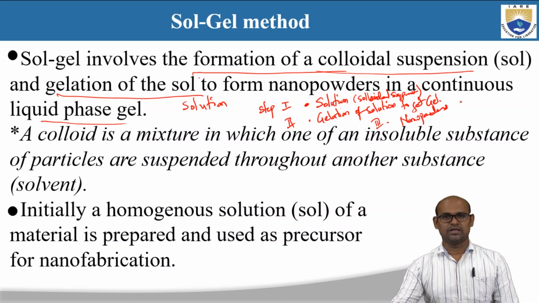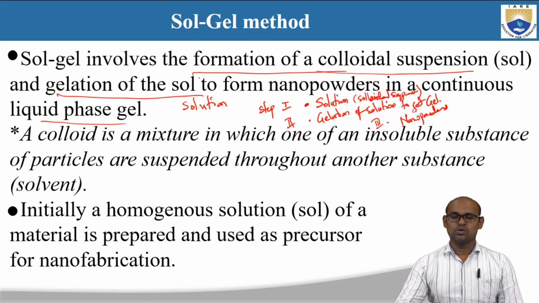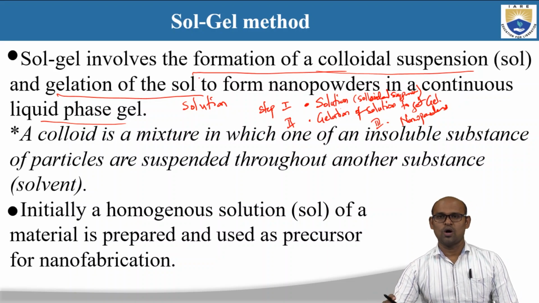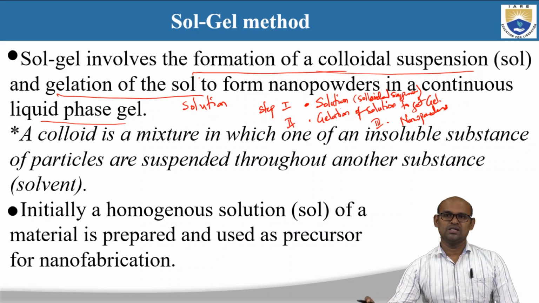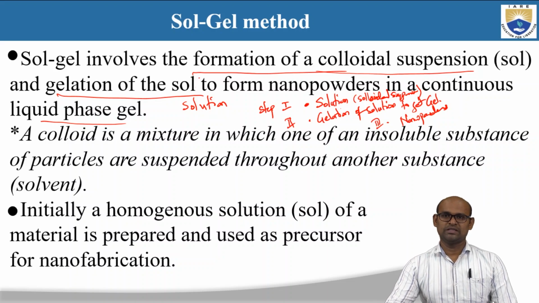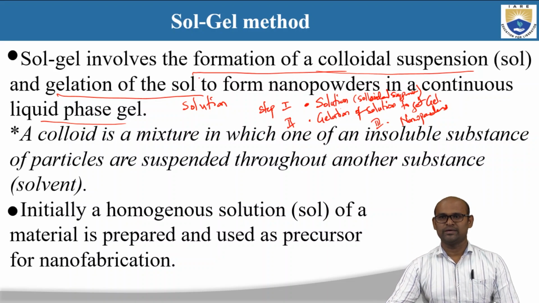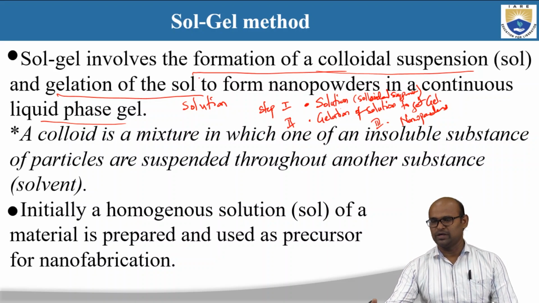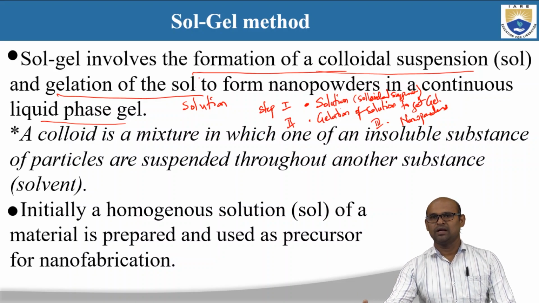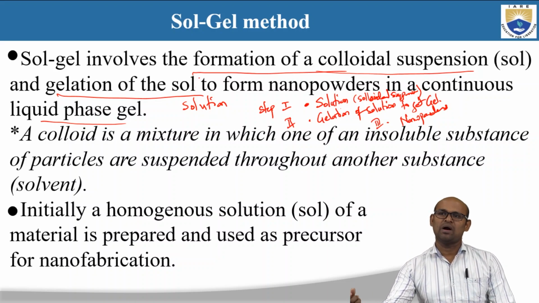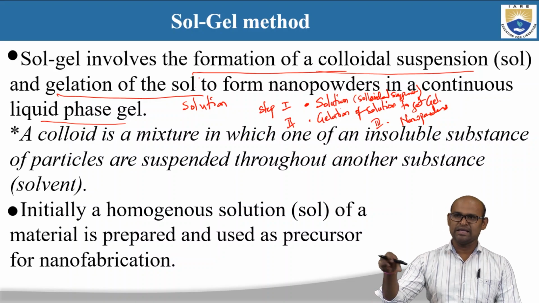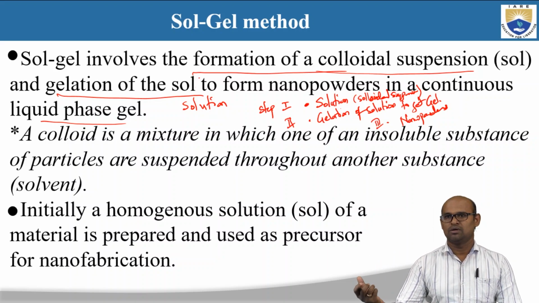Third step is nanopowders or nanomaterials. As the name suggests, in the sol gel method, the first step is preparing a solution which is like a colloidal suspension. Examples of colloidal suspension are milk or toothpaste, in which one type of particles is suspended in another type of solution.